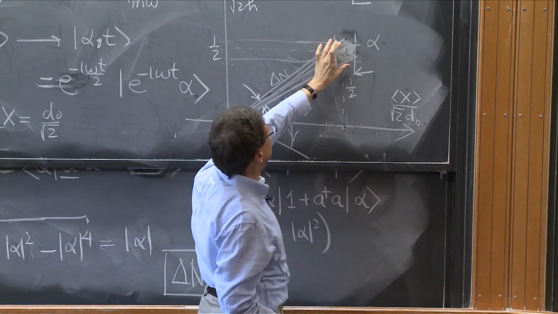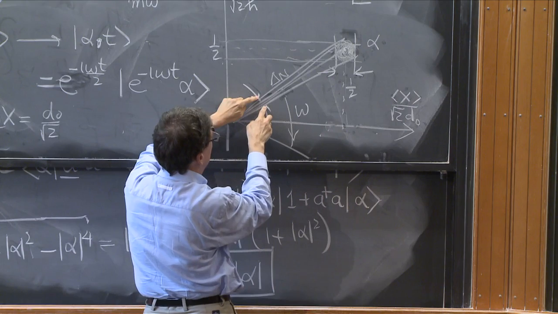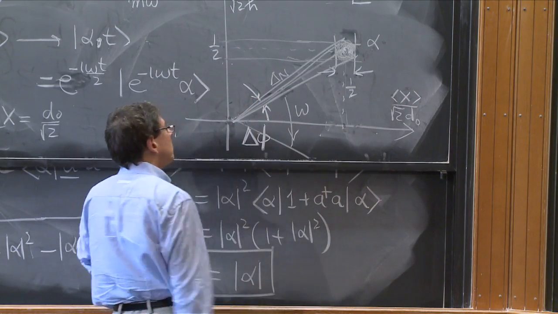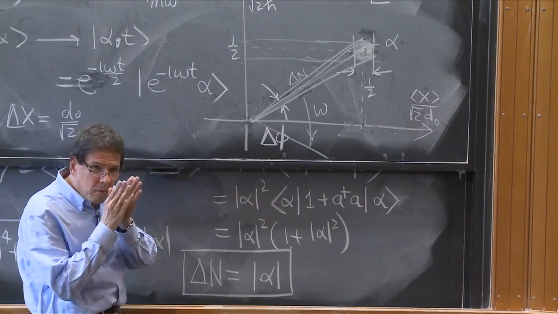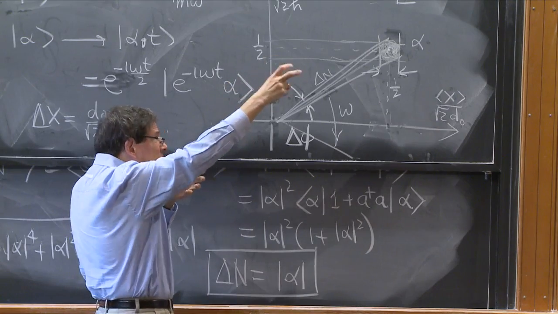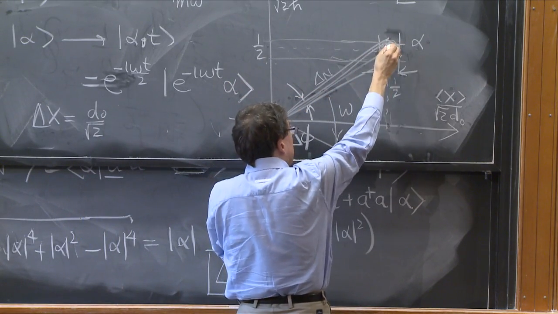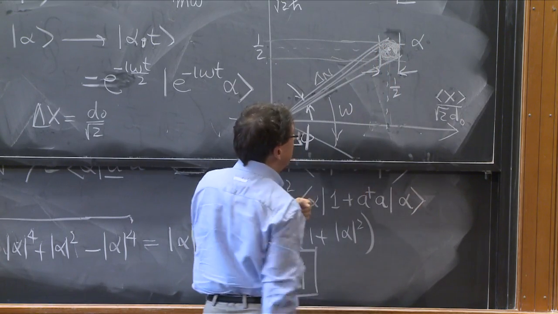The uncertainty in where the coherent state is, we could call the phase here delta phi in this picture. We don't know where the state is because it's a little blob. We know the expectation values where they are, but the state itself is a little imprecise.